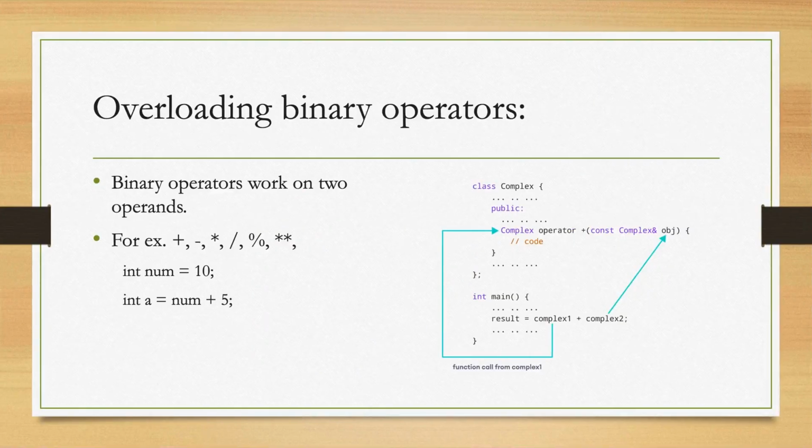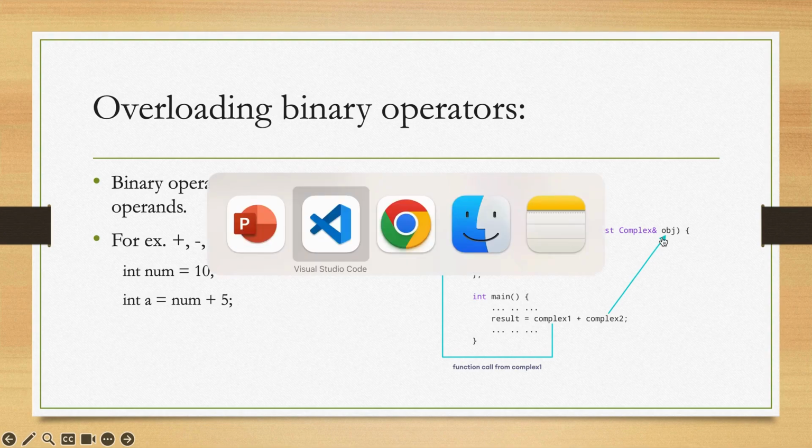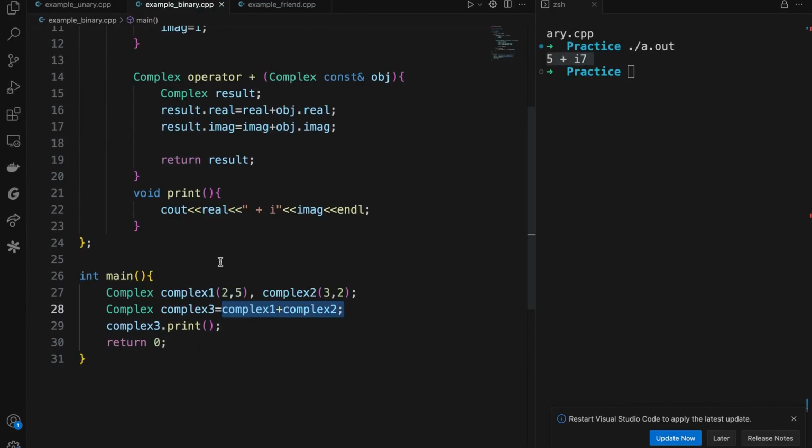So let's take a look at how overloading works in case of binary operators. So we had defined complex 1 and complex 2. We wanted to perform the addition of these two operands, right? So the first operand calls the operator overloading function, and the second operand is passed as an argument to that function, right? So let's see how it works.